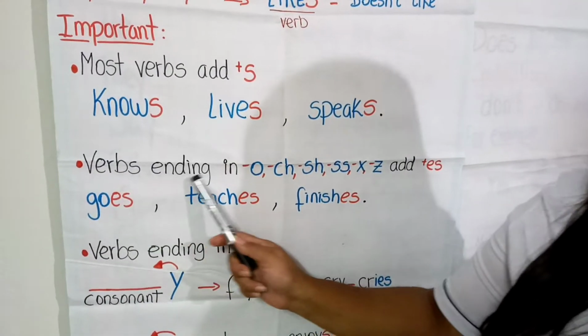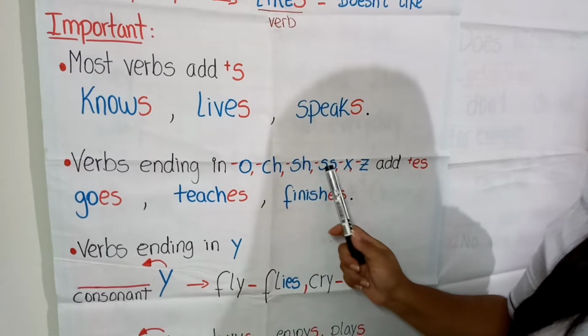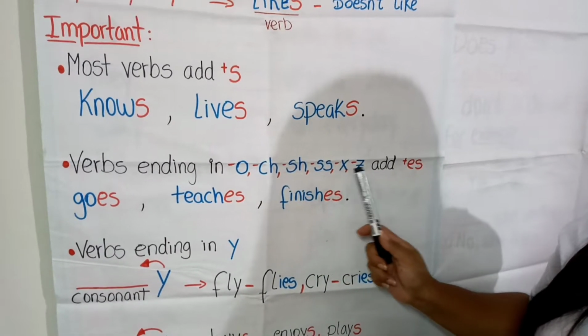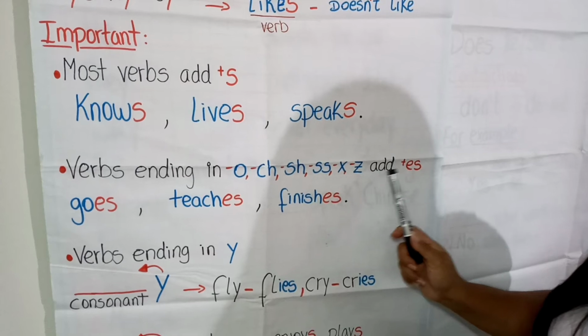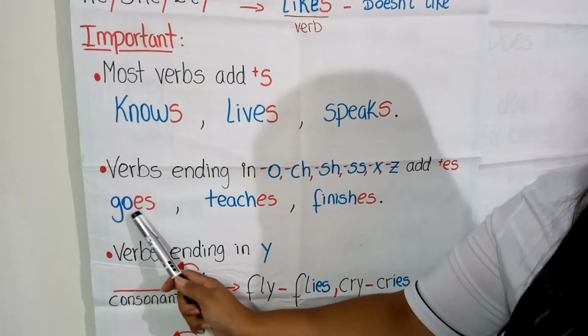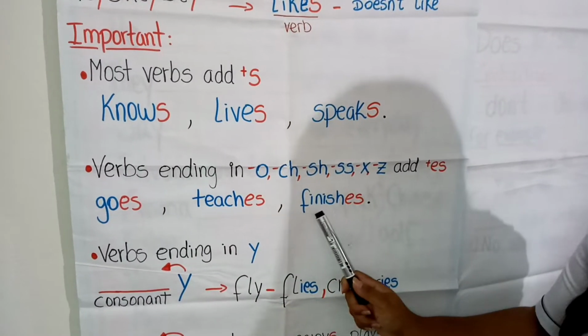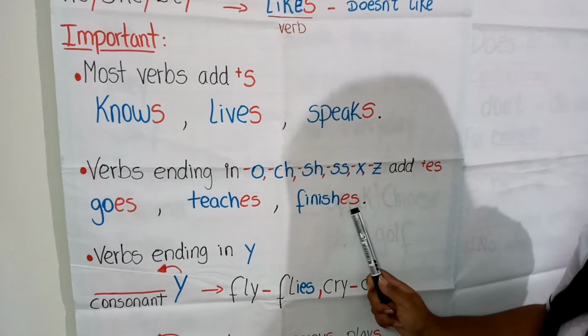For verbs ending in O, CH, SH, SS, X, and Z, we add ES. For example, go, goes, teach, teaches, finish, finishes.